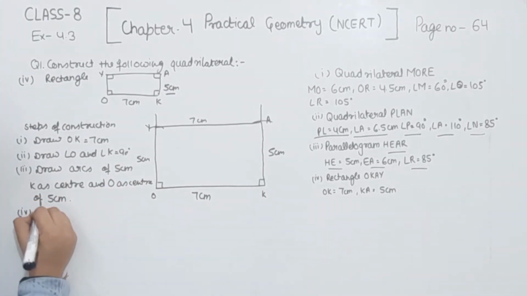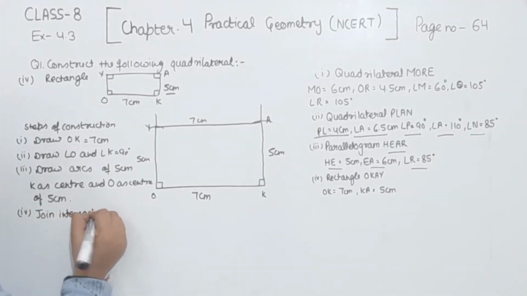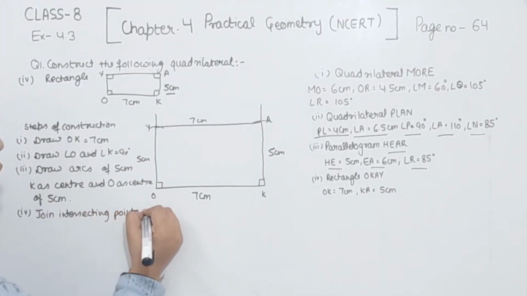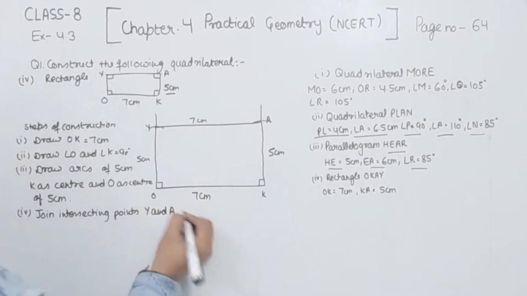Now we are going to join intersecting points Y and A. So this will be the required rectangle OKAY.